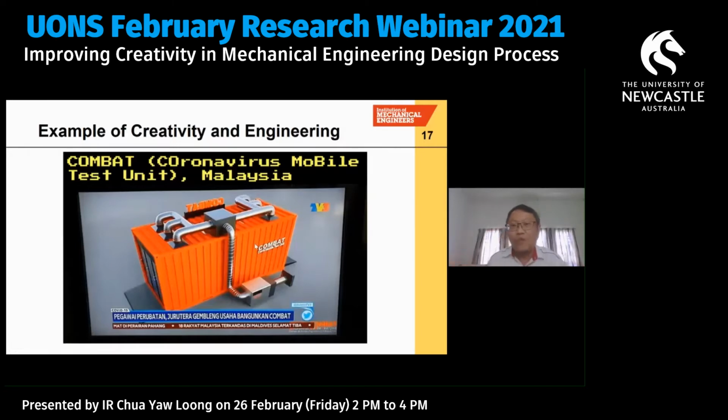This is one way they protected the medical frontliners, with a quick, easy-to-use unit that could be mobile anywhere in Malaysia at that time. So this is how, with changes in the environment, a sudden spike, a need and a problem, engineers can work and come up with solutions, which is very creative.